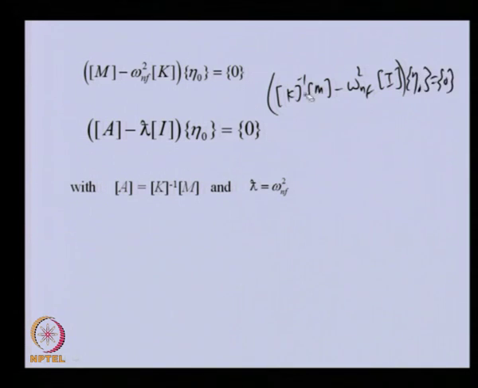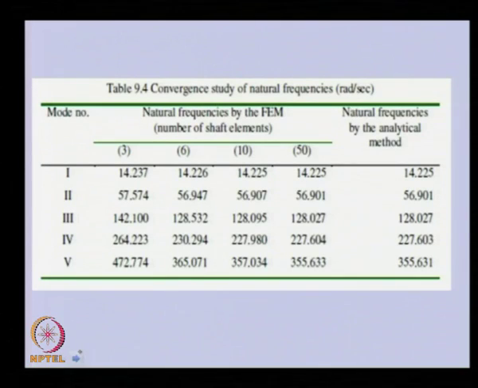So, this K inverse into M I am writing as A matrix, and I have expressed this as lambda. So, this is the standard eigenvalue problem. If we obtain the eigenvalues of A matrix, the square root of that will give us the natural frequency, and the eigenvectors will be the mode shapes. Let us see in more detail the calculation of that.